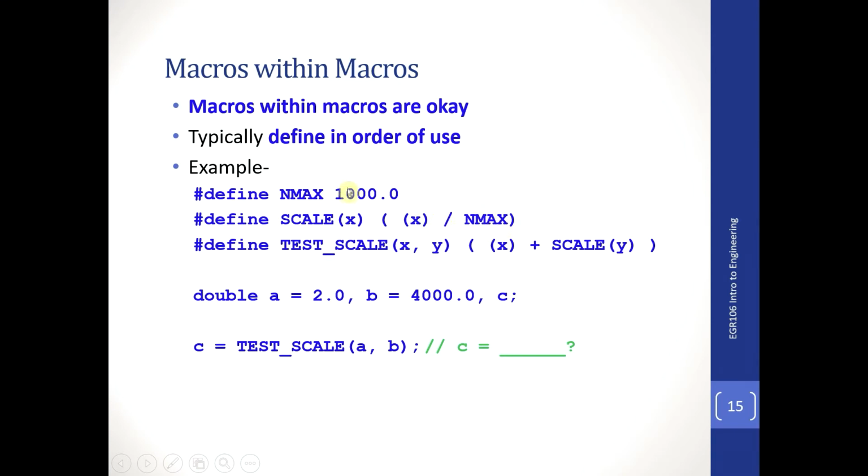Nmax is an object-like macro that comes down and says, oh, that's just 1,000. So now I have 4,000 divided by 1,000, I get 4. A was 2, so now I have 2 plus 4.0, and I'm going to get 6.0. Remember, we can mix and match data types in macros, and it doesn't matter.